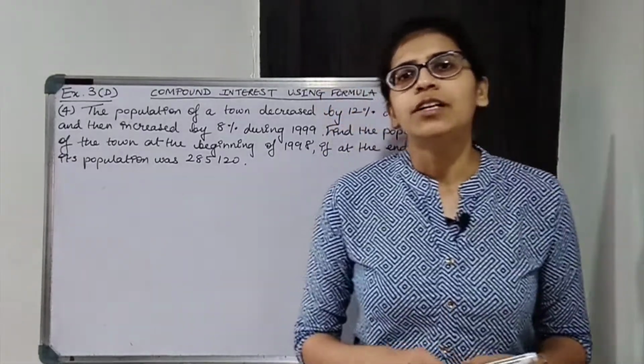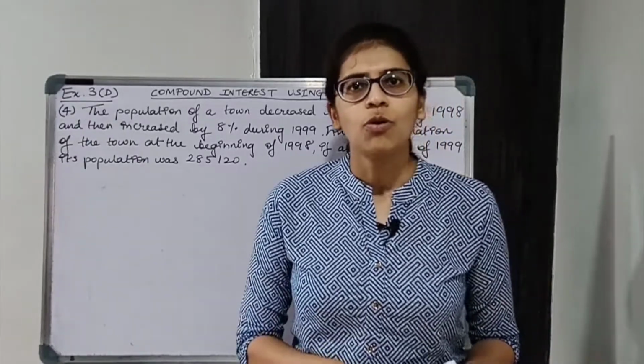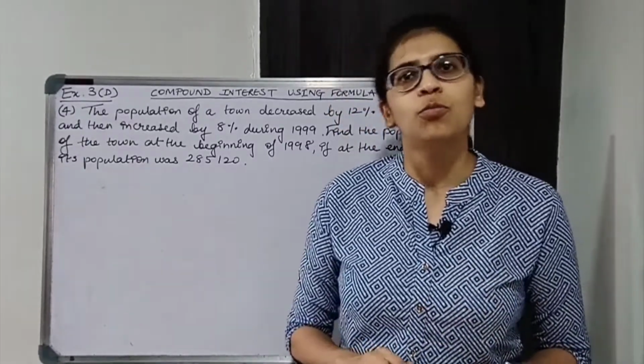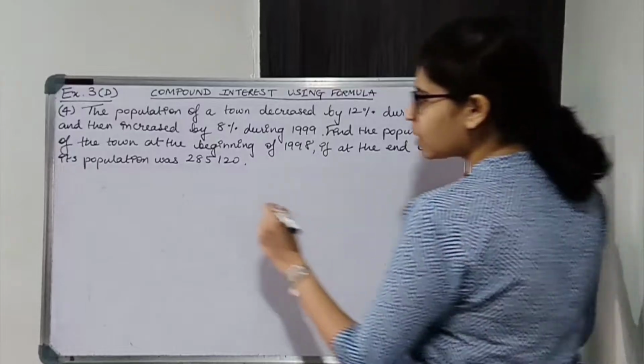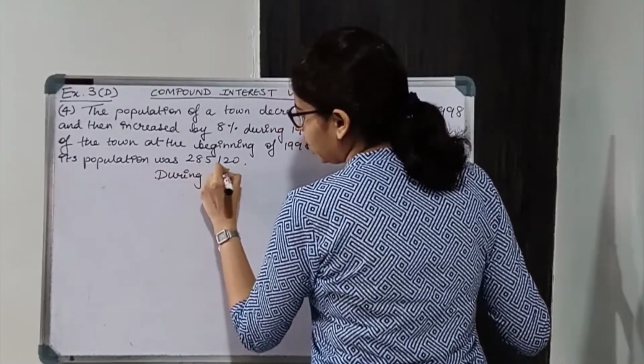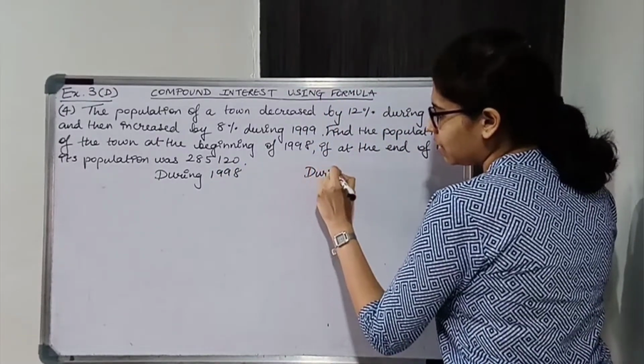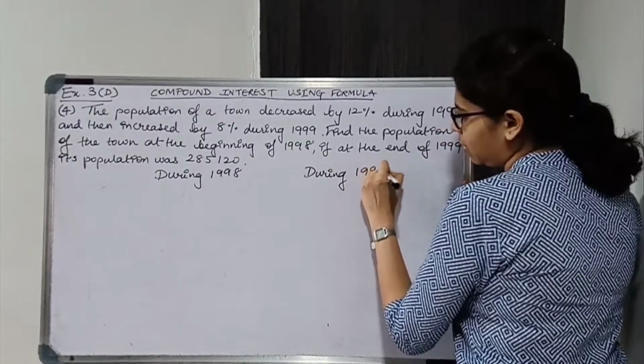Now over here there are 2 years, one is 1998, other is 1999. So let us write down all the information for both the years. During 1998 what information we are given, and during 1999.